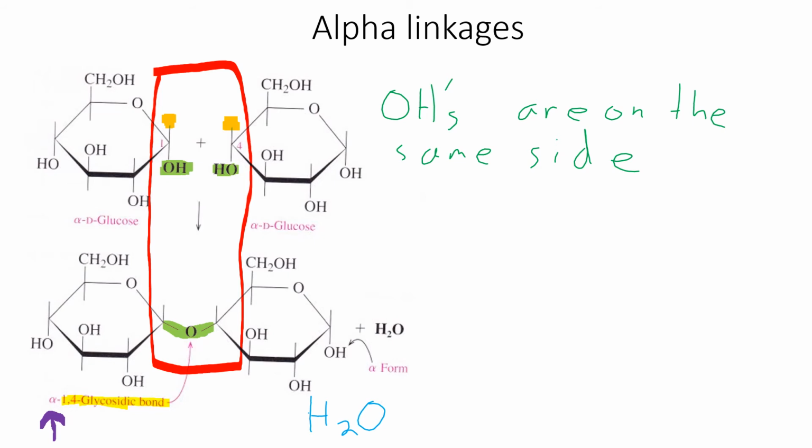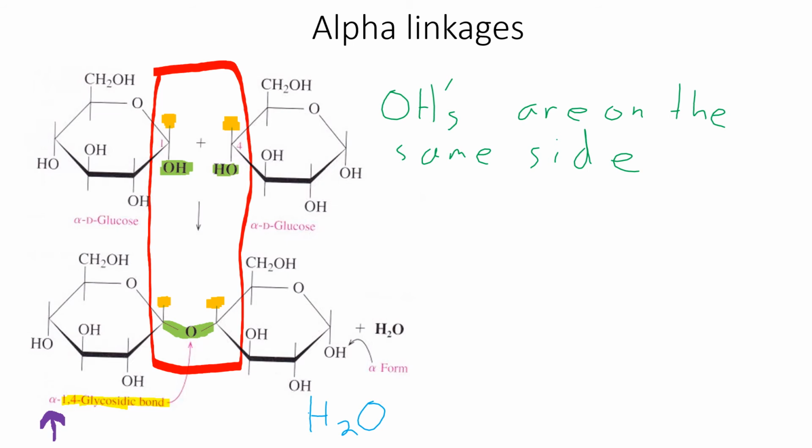Being that those hydrogens started on the same side in the reactants, they're going to stay on the same side in the products as well. And often that's the easiest thing to pick out when you're looking at a product, deciding what type of linkage it is.